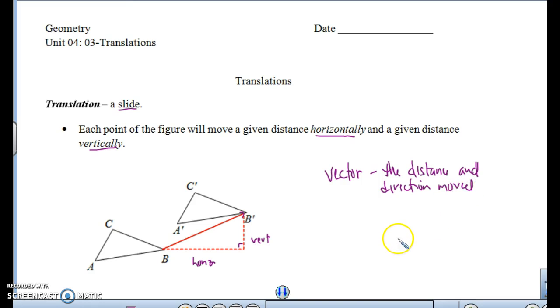Now, when you see a vector, sometimes it's written like this. That means vector. So you could say BB prime is the vector there.